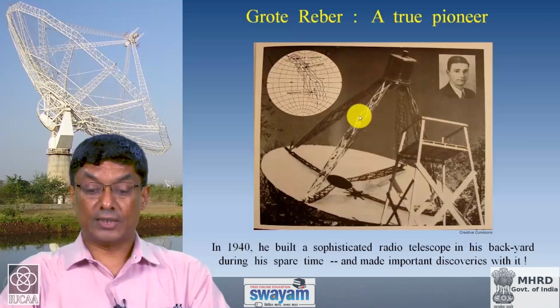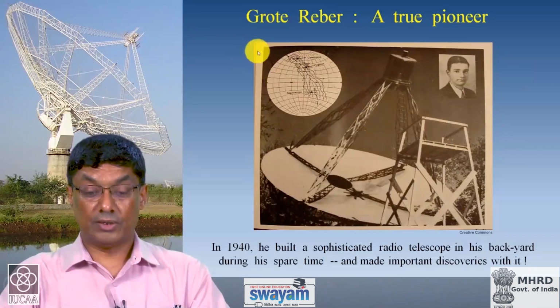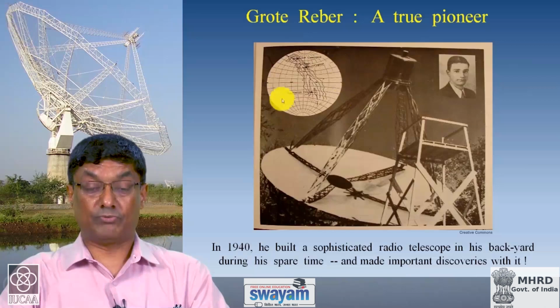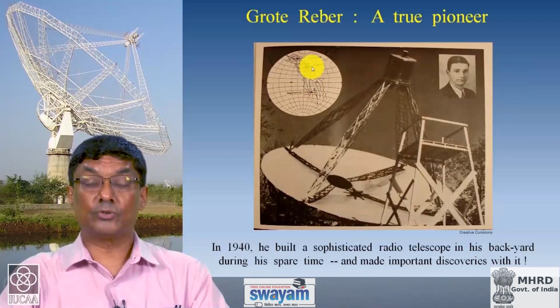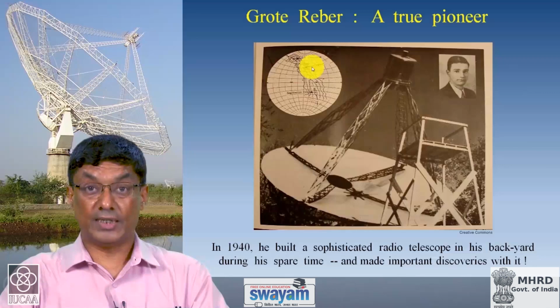And using this apparatus, he made the first map of the radio sky, which is what you see over here on the top left, where he was able to mark out the brightest sources of radio radiation that his telescope would pick up.